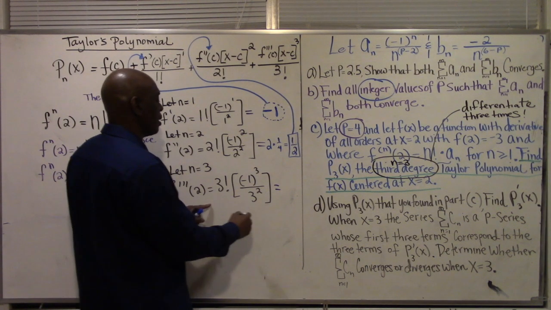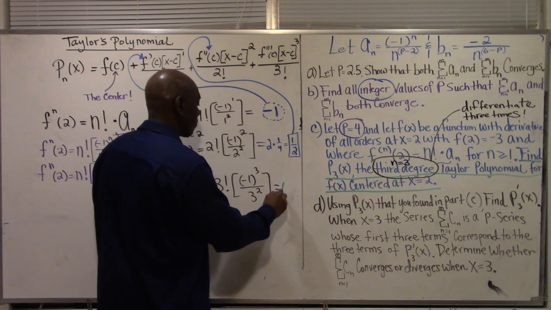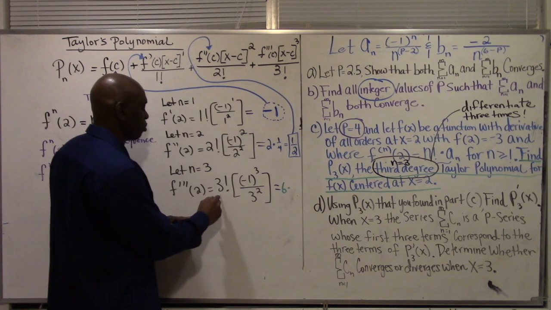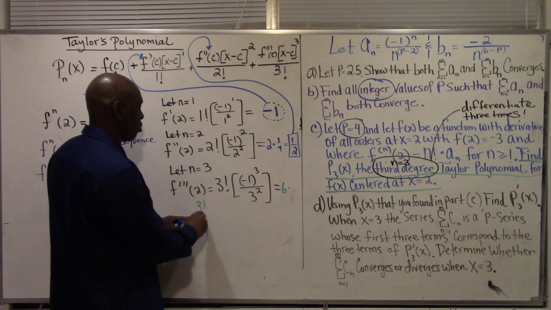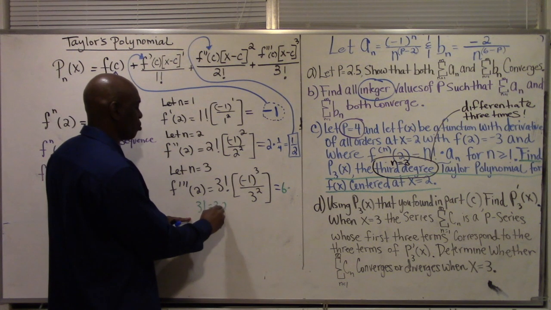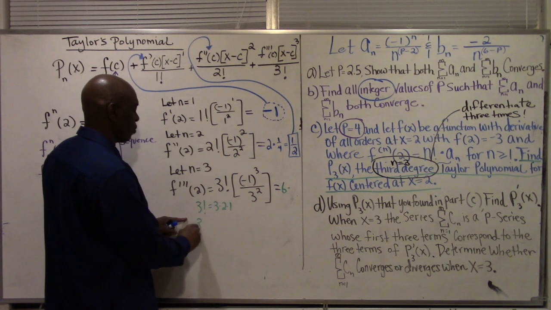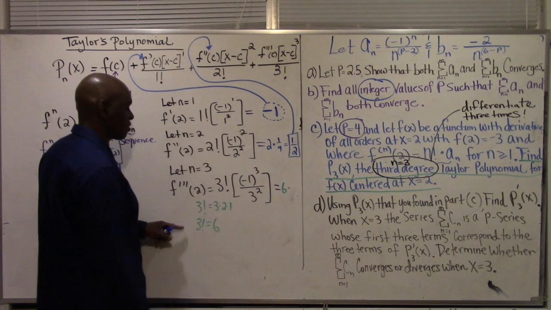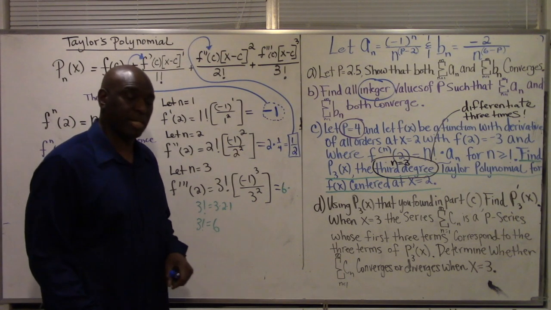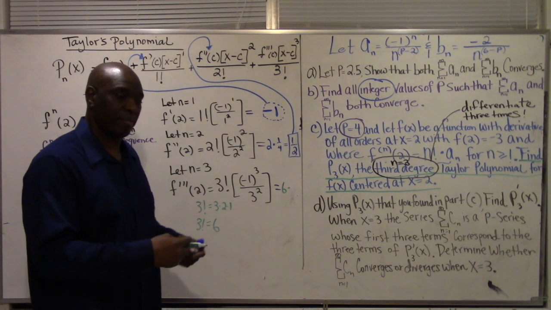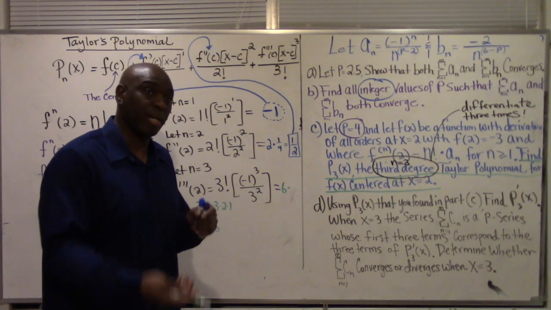3 factorial is 6. How do you know 3 factorial is 6? Because 3 factorial means 3 times 2 times 1, so 3 factorial equals 6. It's multiplying by the numbers decreasing or by the numbers increasing.